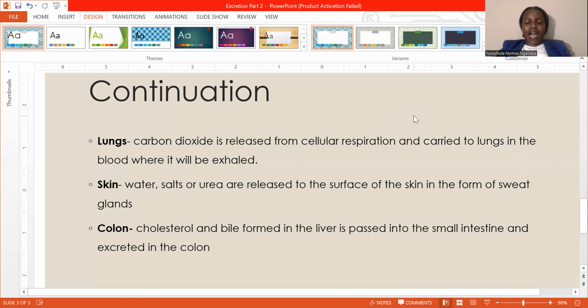Because this is how your salts are going to be released out of the body. And we already said, just a reminder, that sweat is not only regarded as an excretion, but we said it is also going to be regarded as a secretion because it is still going to be used afterwards.